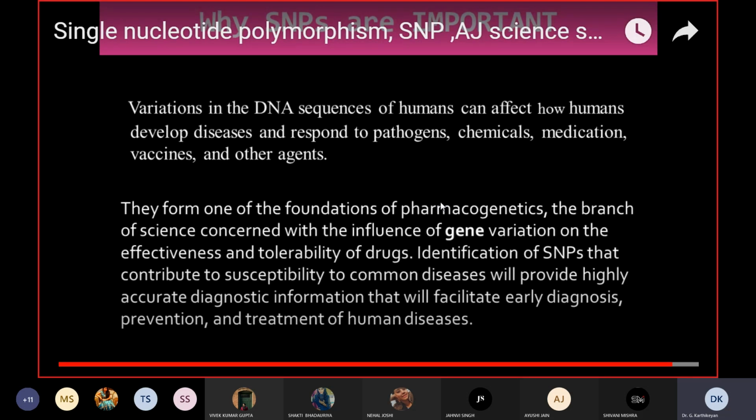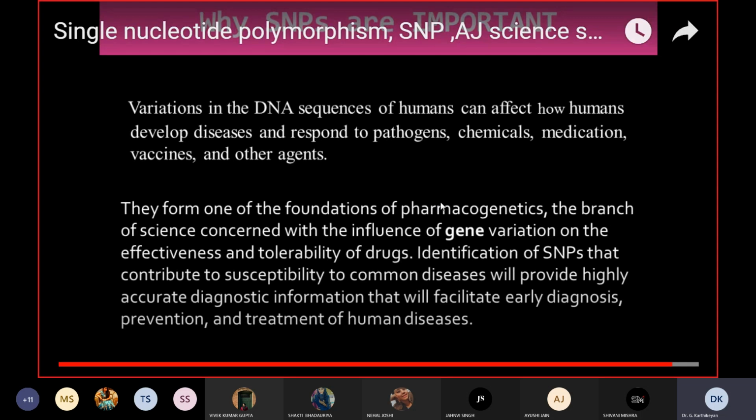Similarly is the case for vaccination. In the current COVID pandemic, some people are able to mount a vigorous immune response. On the other hand, some people are not able to mount a vigorous response, right? Maybe those people may have to be given additional booster doses. That need not be the case for everyone, but at least for certain people, it is advisable.